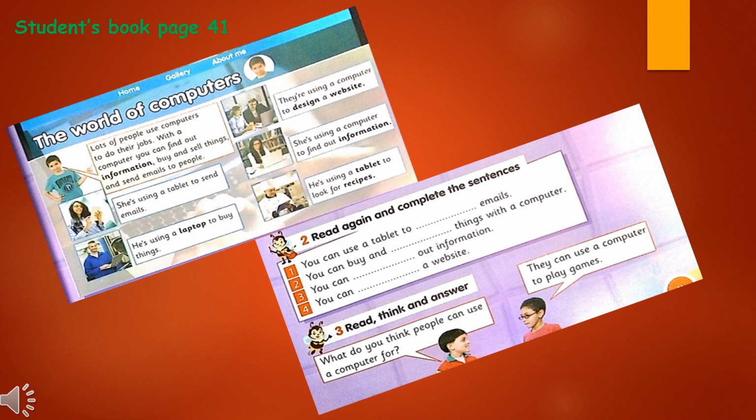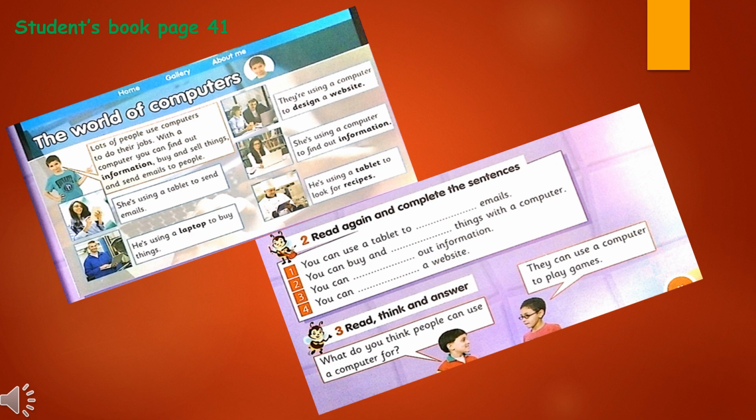Can you see the next picture? They are using a computer to design a website. Website is the site that you can find on the internet. We are going to say design a website, not make a website. Be careful.